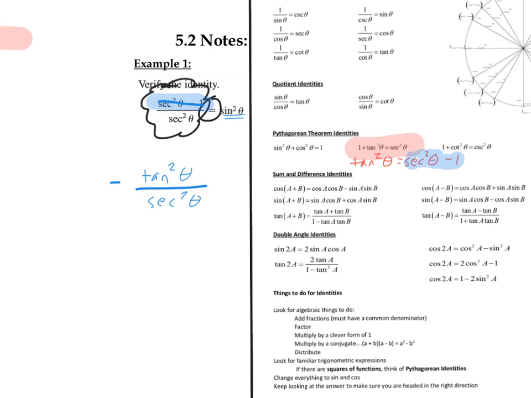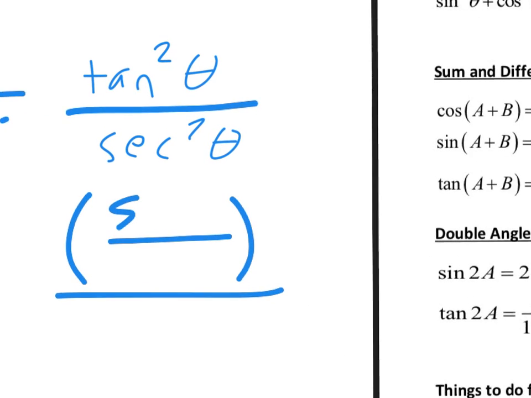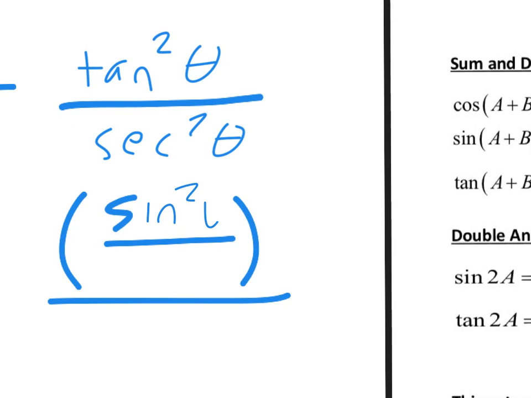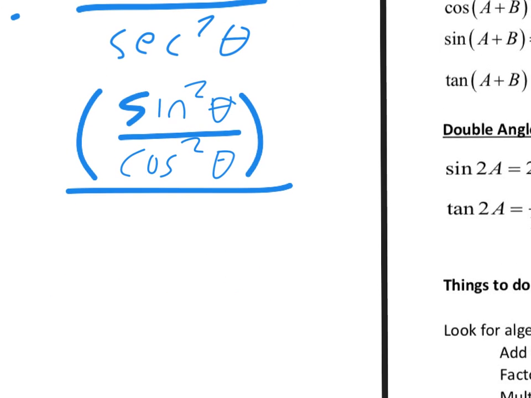So my next step is going to turn, I still have a fraction, but my numerator I can change tangent squared into sine squared theta over cosine squared theta. And my denominator I can change into 1 over cosine squared theta.